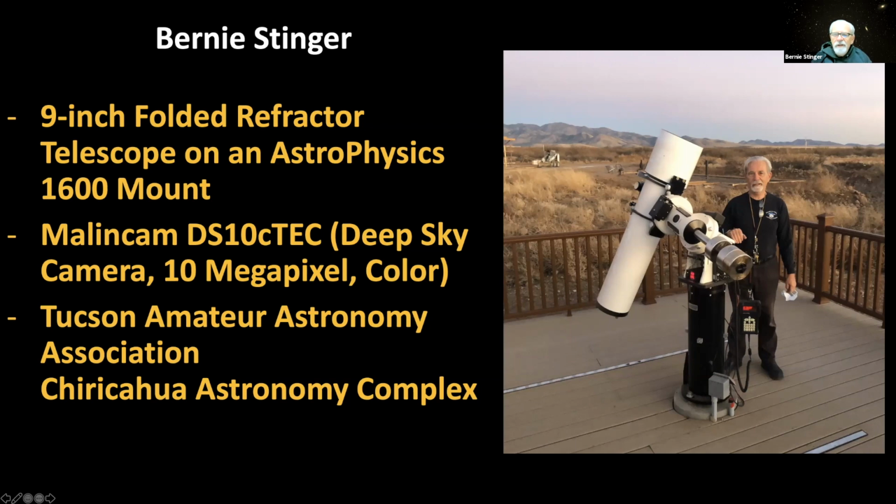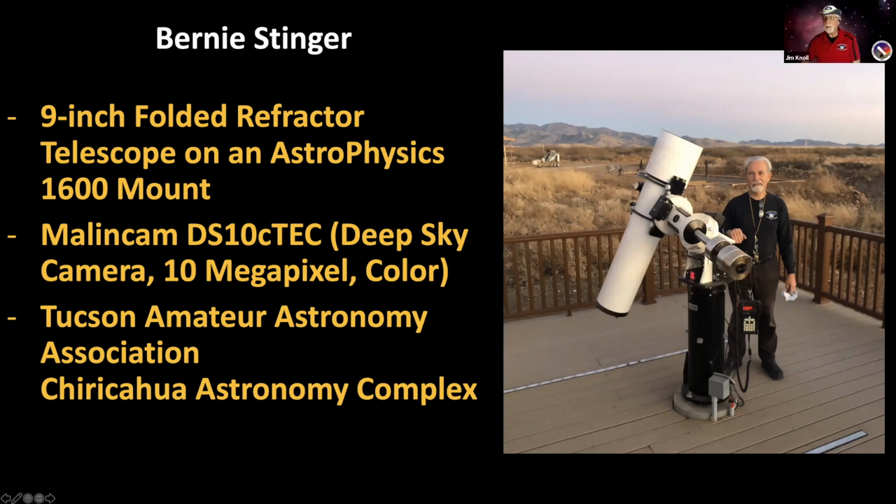Now you can't see it in this image, but it's mounted where the eyepiece would normally be. So that camera is then wired back through a USB cable to my computer, I'm inside the warm room just next to the telescope, so I can bring up live images to show you this evening. Back to you, Jim.